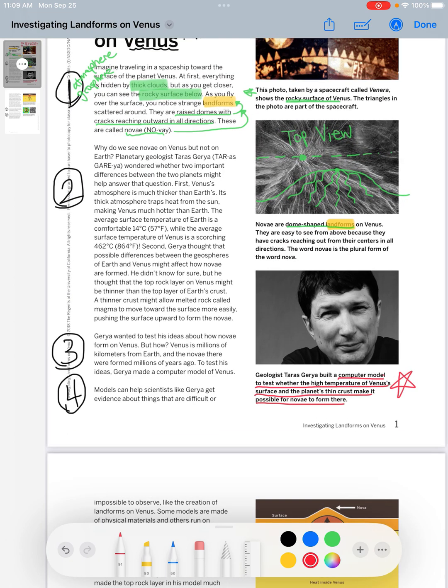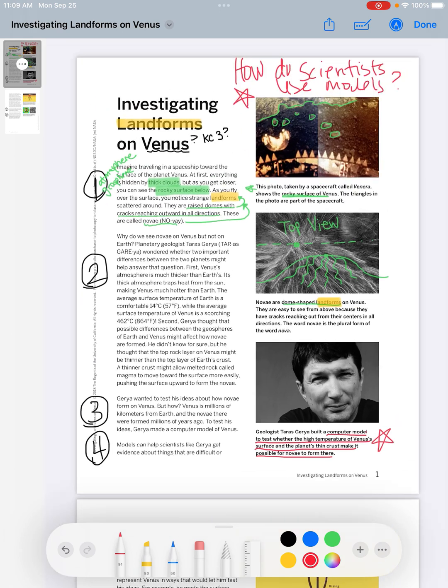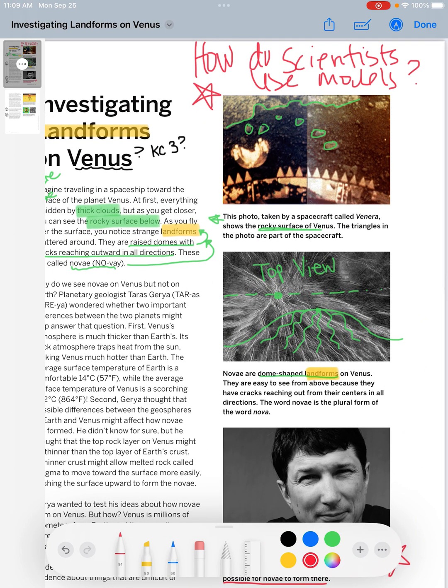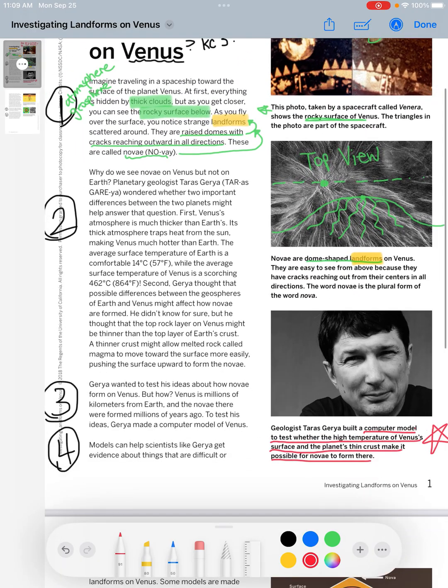So now all I want you to do is finish. As you see vocabulary terms, go ahead and highlight those in your yellow if you're doing the same thing as me. Anything that's interesting information that might help answer the questions about using models, how scientists use models, go ahead and highlight in red, or at the very minimum, put a red star next to it.